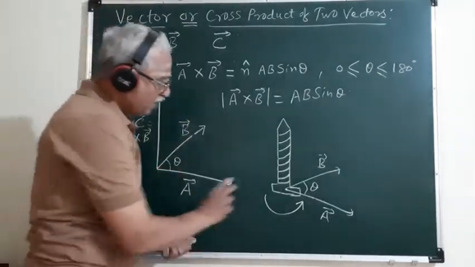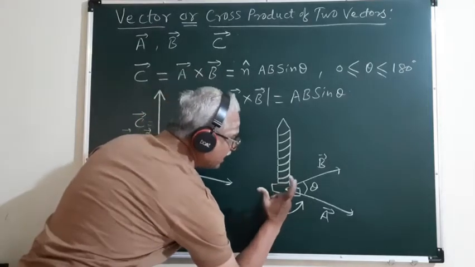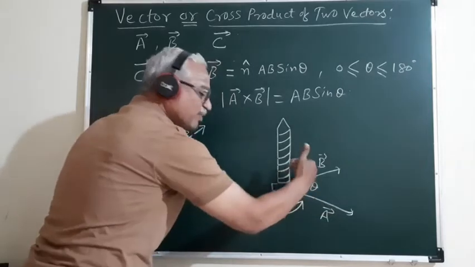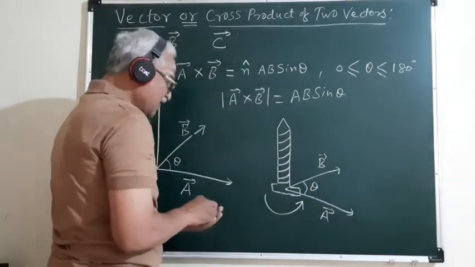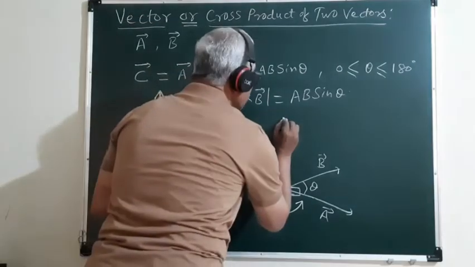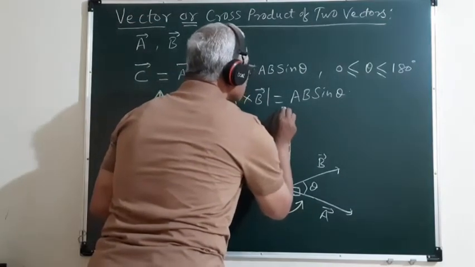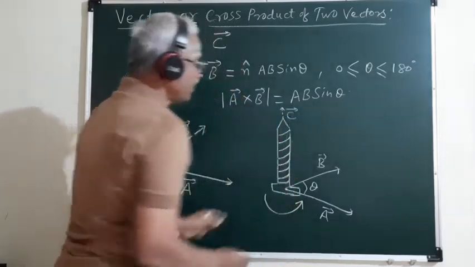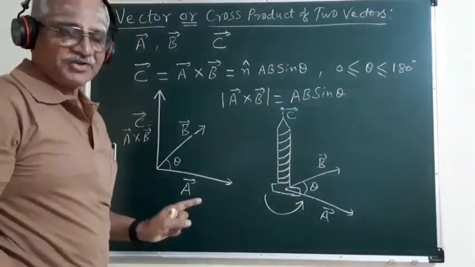So here, if this right-handed screw is rotated in this anti-clockwise direction, that is from the first vector in the product towards the second vector, then the tip of this screw advances in the upward direction, so that the direction of the vector C bar will be directed in the upward direction.